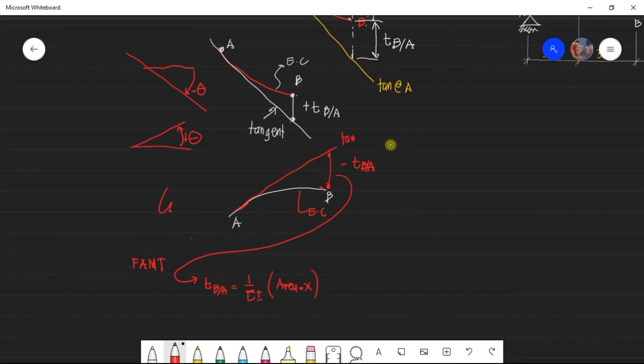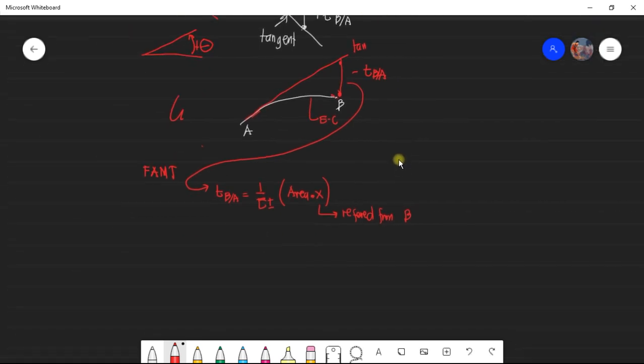Now, the question is, where is this referred? If you're talking about the deviation of B with respect to the tangent line drawn from A, your x should be referred from B. Okay, so that is the first area moment theorem.